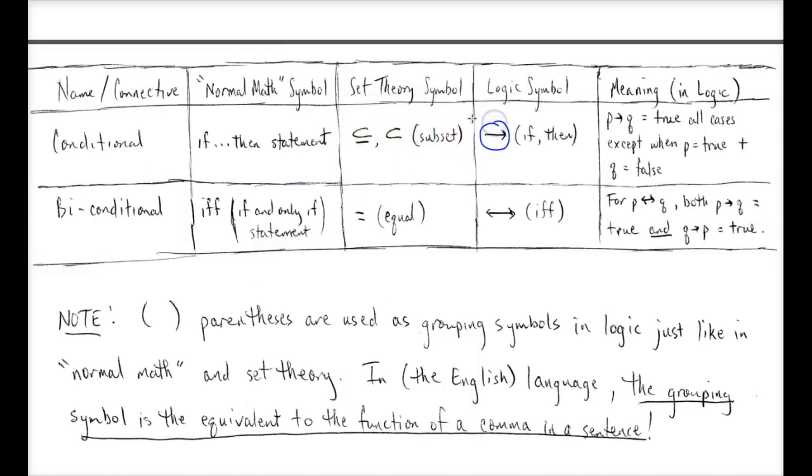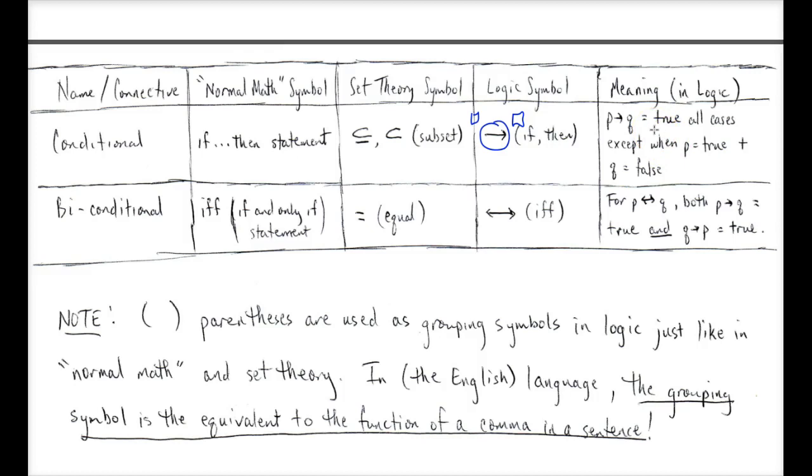Within logic, we use this arrow here to say if this thing over here, then that thing over there. And we know that logically, an if-then statement is true in all cases, except for when the if part of the statement is true, but the then part is false. Okay, and we'll talk about that a little bit more when we form these truth tables a little bit later.